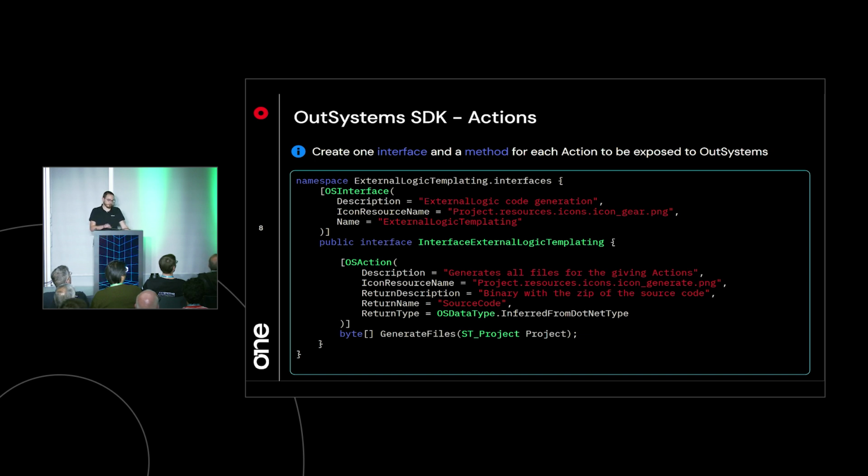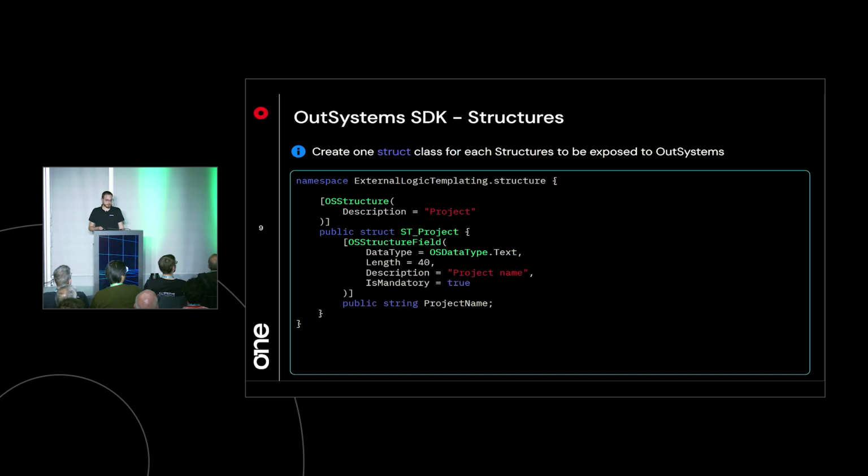Each method of this will be transformed into one action, and in these annotations, we have a few attributes that we have to define, like description, resource name, icon resource name, if you want an icon in our extension, in our external logic. And the same goes for the method. So we have description, also an icon. We have to define the return type of our action, and also put a name.